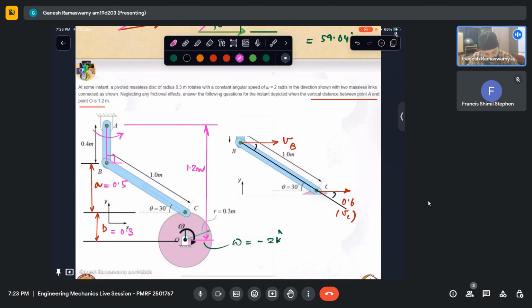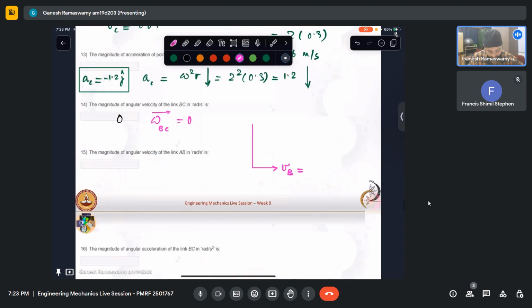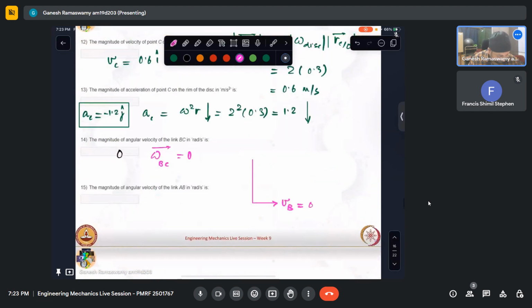The magnitude of angular velocity of link AB is asked now. This is omega AB, let us say, vector, which we can take as omega AB k cap. If we know VC, we know VB also. So we know this is VB, which is equal to 0.6 i cap.